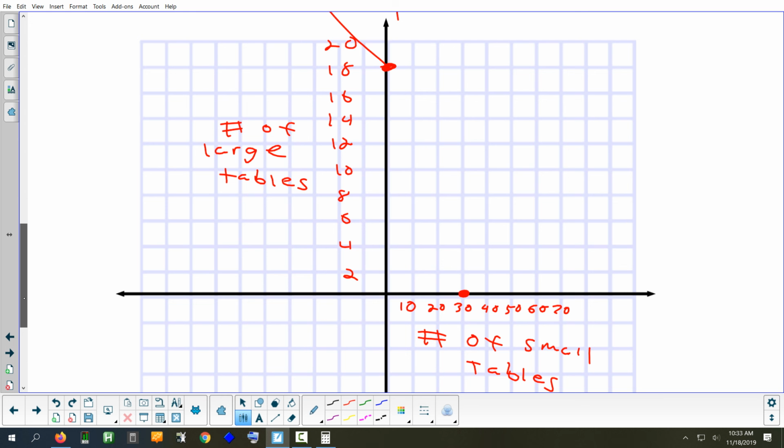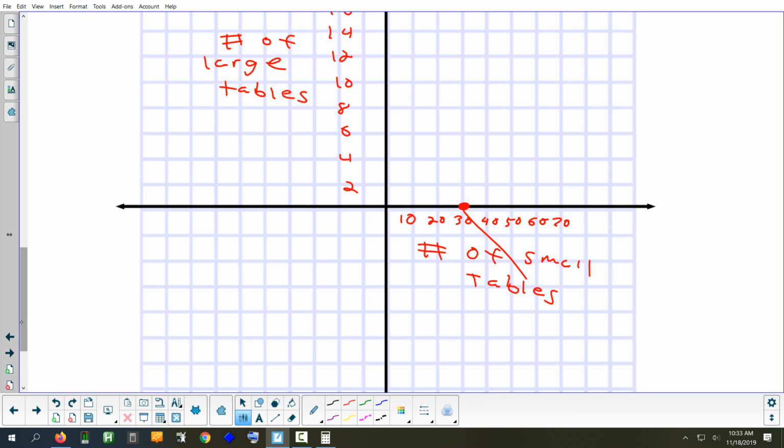But how about down here? Should the line go down here? No. Why not? Well, think about a point down here. What's the y value of that point? Negative. Does it make sense to have a negative number of tables?